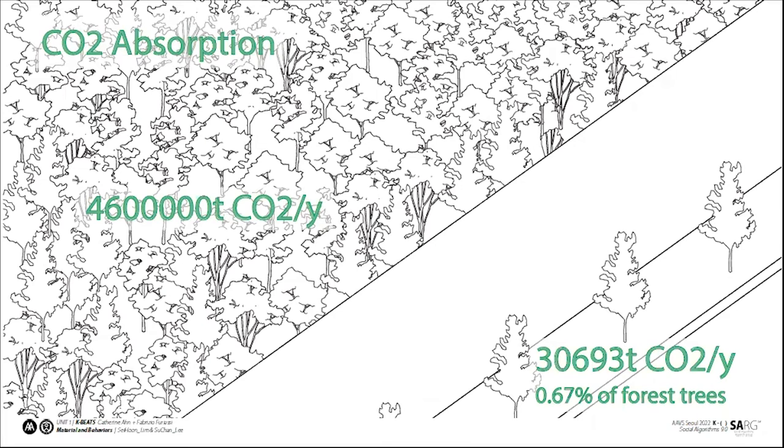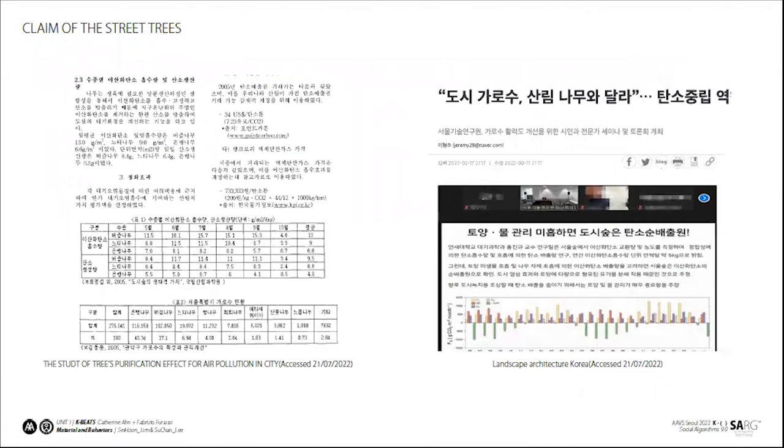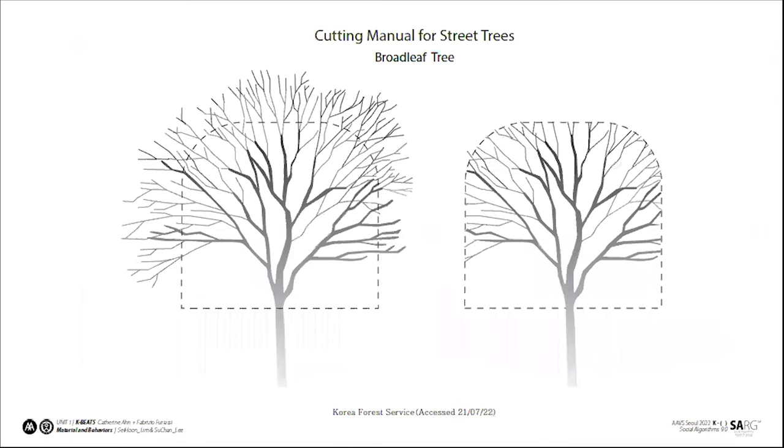The difference was made mostly by the area difference between forest and street, but there is some research going on that street trees don't work sufficiently as an air filter for the absorption of carbon dioxide, and researchers have found that some street trees are actually breathing out more carbon dioxide than they breathe in.